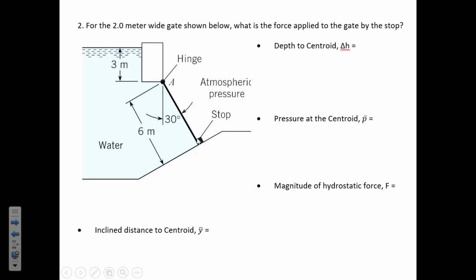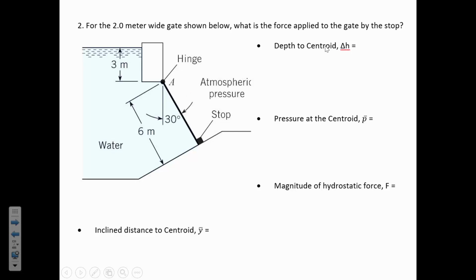So if you think about that, hydrostatic force is going to be below the center of area. So the centroid of the gate is here, 3 meters down from the hinge. The hydrostatic force is applied a little bit below that, and so it's causing the gate to rotate clockwise, where the stop is resisting that motion.